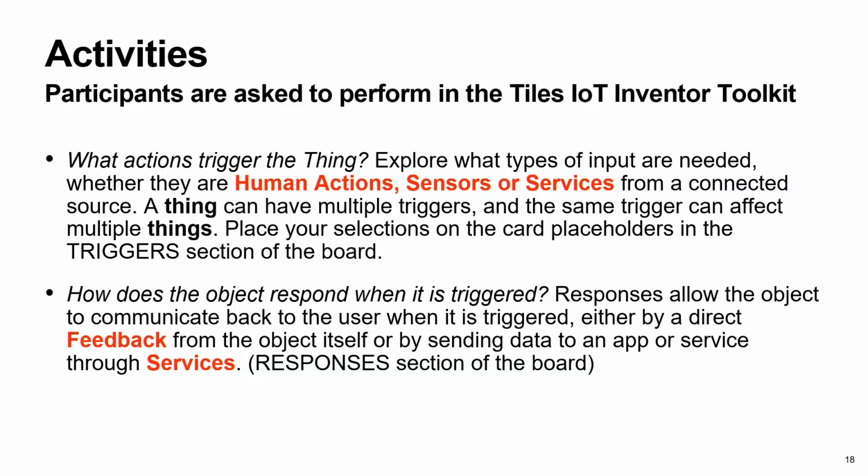What actions trigger the thing? Explore what type of input is needed, whether they are human actions, sensors or services, right. Many times the sensor may not give you the trigger, you actually need a human action for that particular trigger.